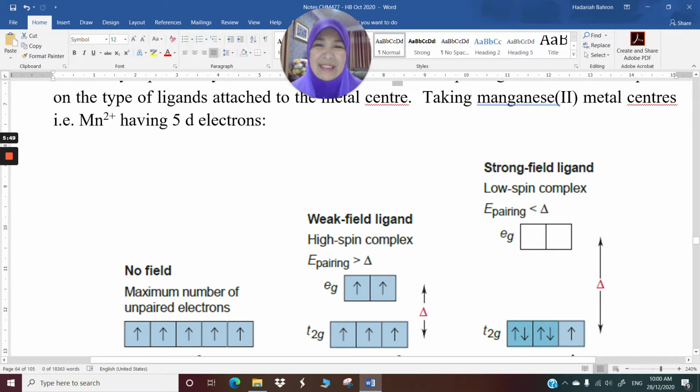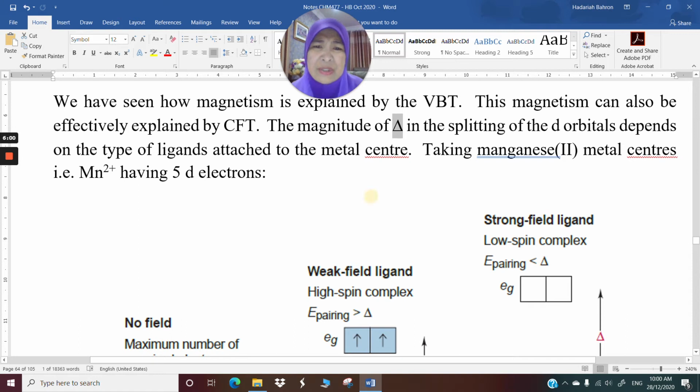These are the two new terms that you will be learning today: high spin situation or low spin situation. I'm going to explain to you shortly. The magnitude of delta depends on the type of ligands attached to the metal center.